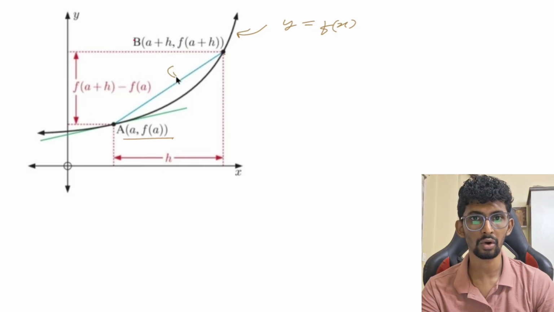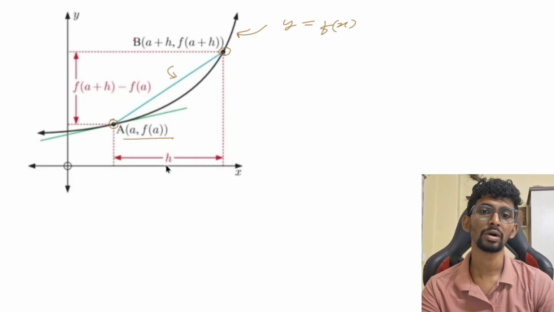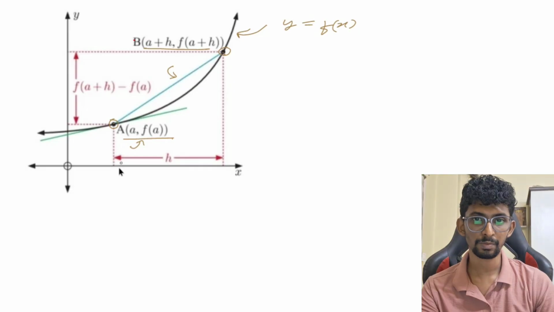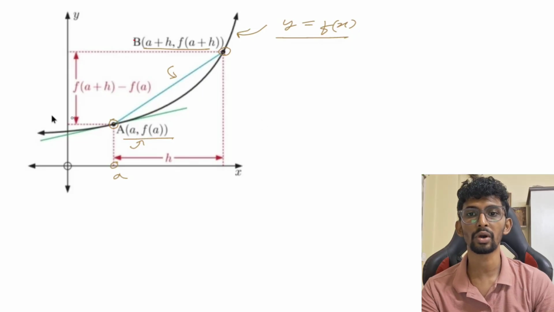Now you can see this chord is intersecting the same curve at 2 points, a and b. Clear? So let me first explain how these coordinates came. Then we'll find the gradient. Now, if this point is a, and since the function is y equals f of x, this point will be f of a.